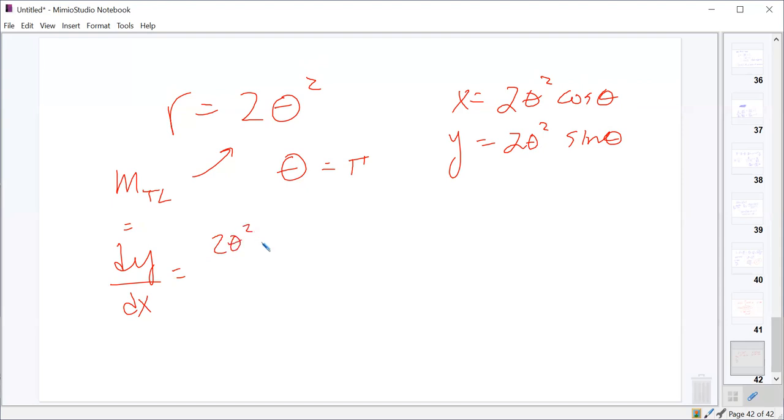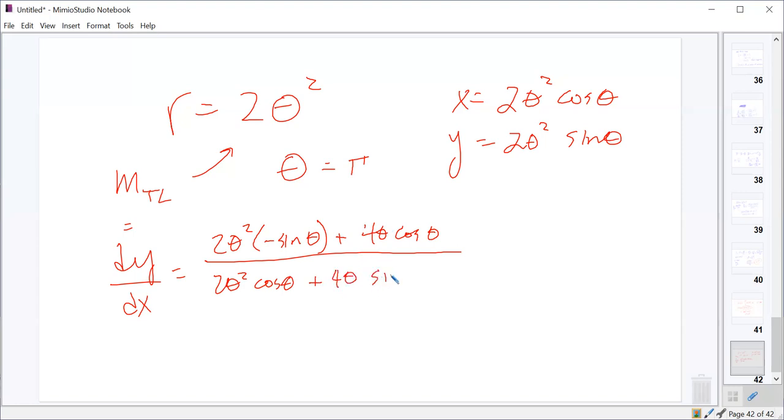So 2 theta squared times the derivative of cosine, so negative sine, plus the derivative of 2 theta squared, which is 4 theta, times your cosine theta, all over the derivative of your y, so 2 theta squared times the derivative of your sine, plus the derivative of 2 theta squared times sine, and then we'll evaluate that all at pi.